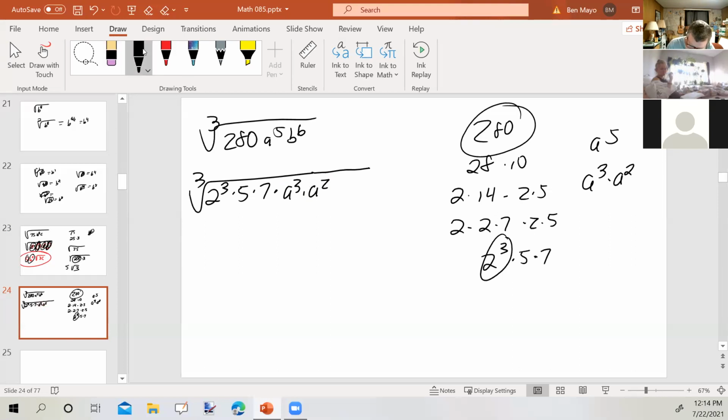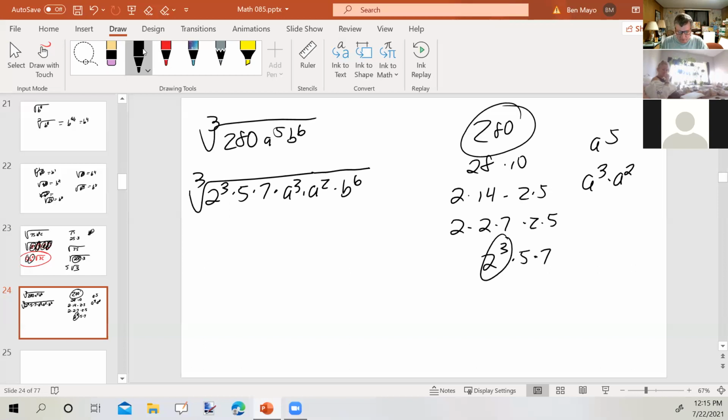Now, what about b to the 6th? 6 is a multiple of the index, so that's going to come out nicely. So all my exponents are either 3s, multiples of 3s, or they're not either one. The stuff that's not either one is going to be inside at the end.